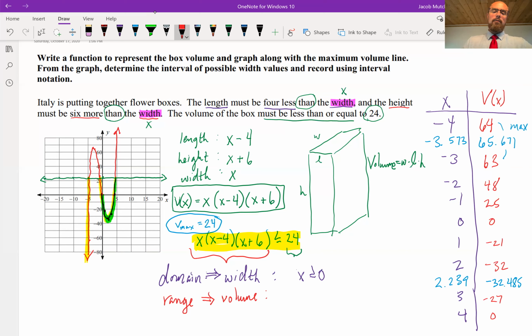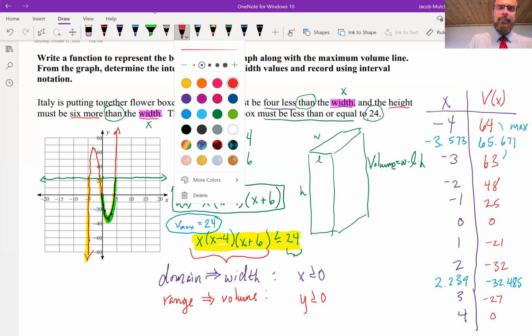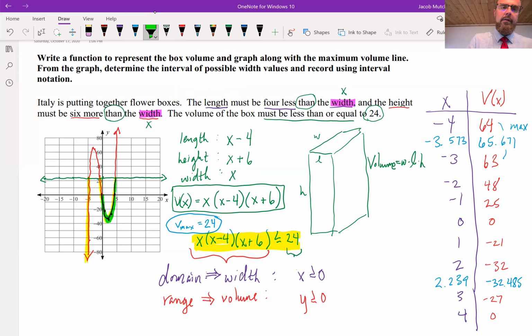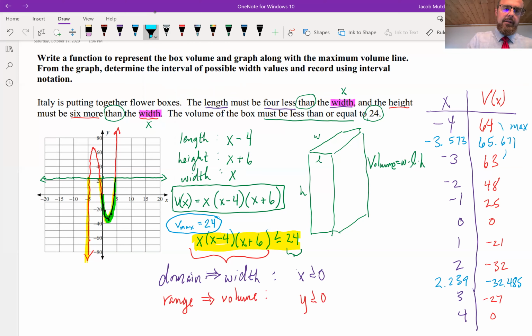So again, our y values would also be restricted to being 0 or above. And so if I highlight a third time, I'm really now looking at this small piece that I'm highlighting in blue. So notice it fulfills our two constraints on our domain and our range. The x values are positive and the y values are positive.